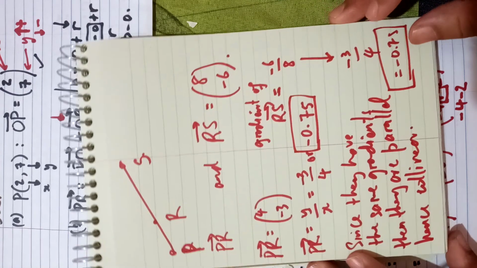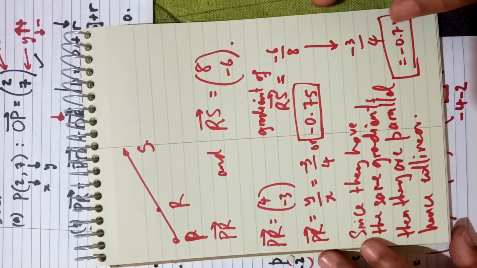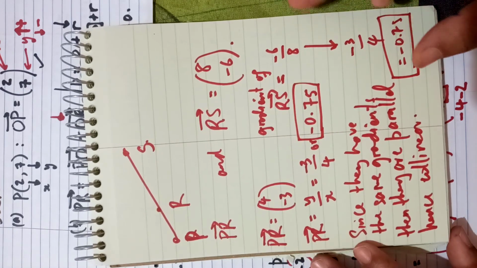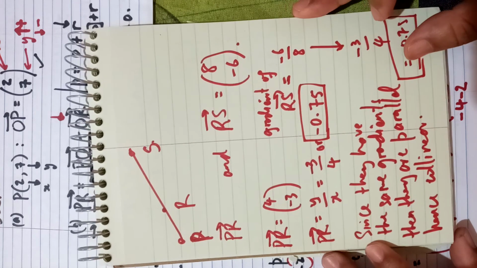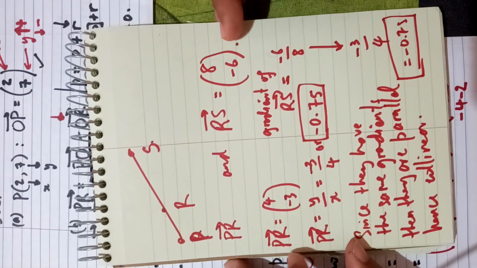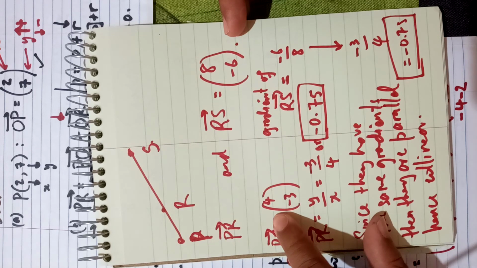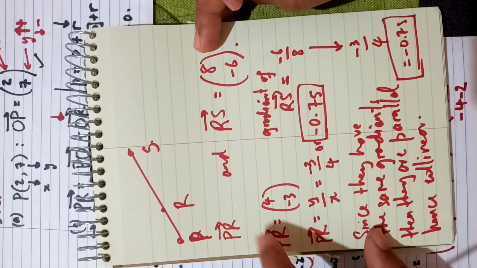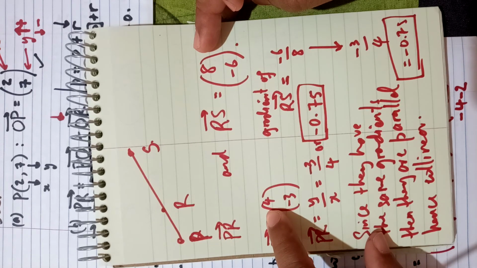All right, so both of them have the same gradients, hence they are parallel. Now, the other way of proving this is to show that one is a scalar multiple of the other. Just by observation, if this is PR and this is RS, if you multiply PR by 2, you get RS.